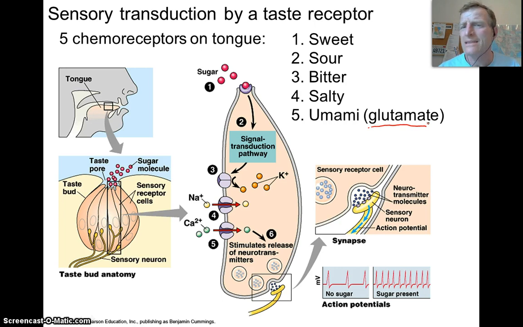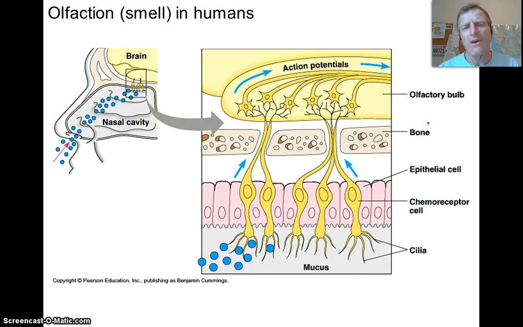But you know that taste, there's a lot more subtle taste to things, right? Things can have sort of a musty taste or a crispness, and that's the sense of smell. So your sense of taste is actually tied very closely to your sense of smell. Your sense of smell also is based on chemoreceptors that send signals to nerves that then go to your brain. But in this case, we don't just have 5 chemoreceptors, we have thousands of chemoreceptors.